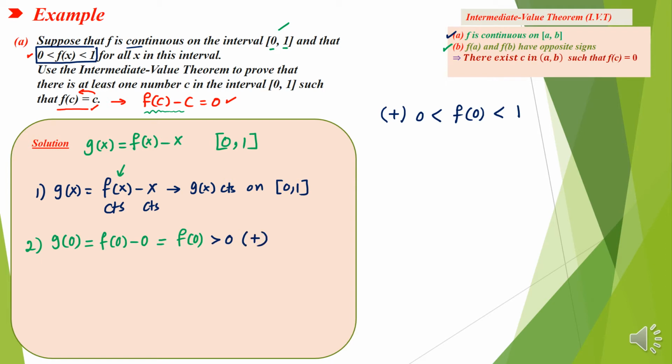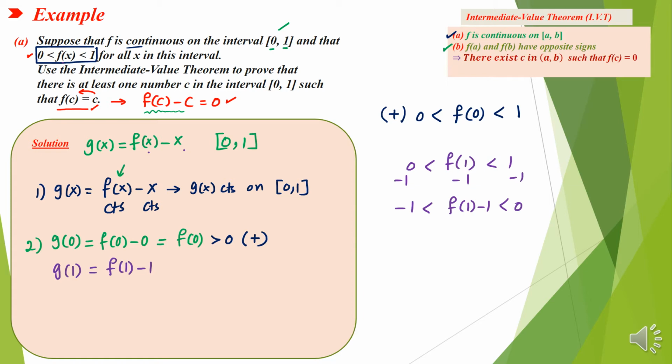Now you have to check the second endpoint, g of 1, and this is equal to f of 1 minus 1, because you have to replace x by 1. As you know, f of x is in general between 0 and 1, so f of 1 is greater than 0 and less than 1, and if you subtract 1 from all sides, you will get that f of 1 minus 1 is less than 0 and greater than negative 1.